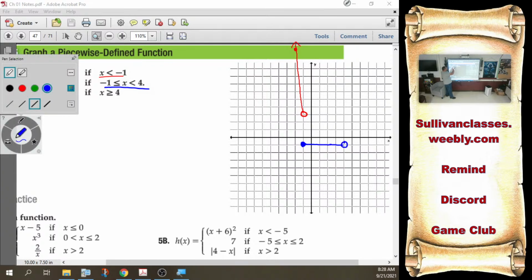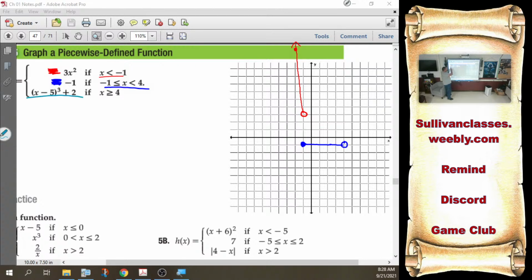And finally, I'm going to do orangish. Where's the vertex? Well, correct me. There's not a vertex. There's an inflection point, right? So we're going to go right 5, up 2.